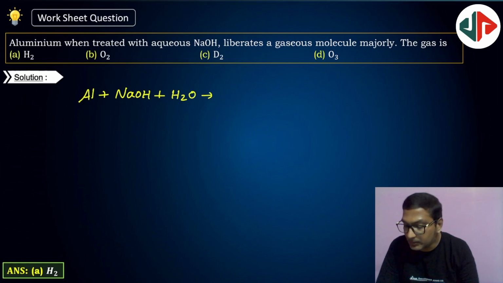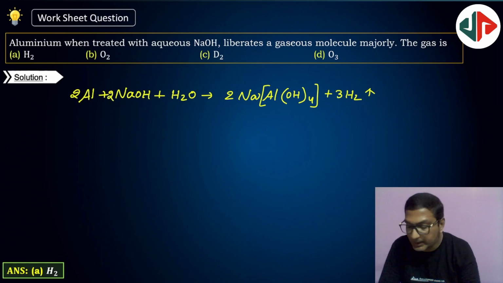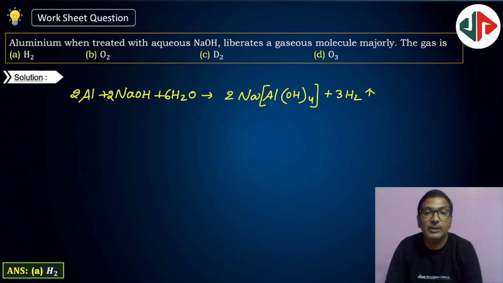We get a compound like this: 2Na[Al(OH)4], which will be in the form of a complex, plus 3H2. Here we are balancing 2Al, 2NaOH and 6H2O. So this is the complex formed.